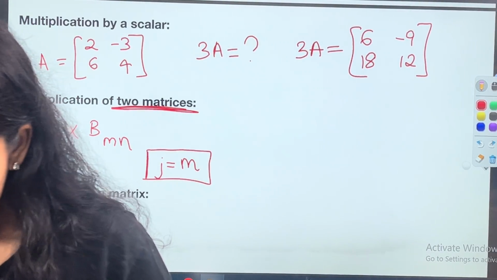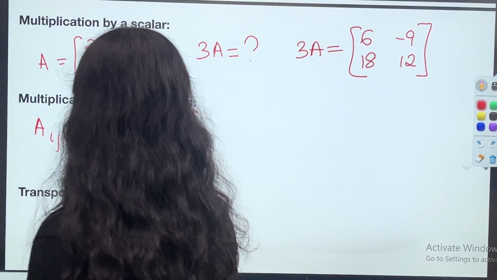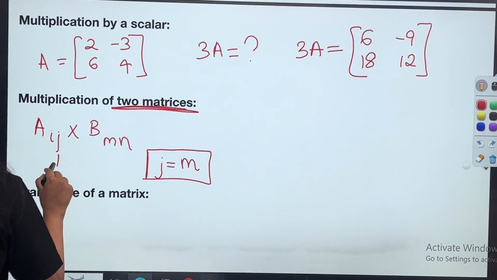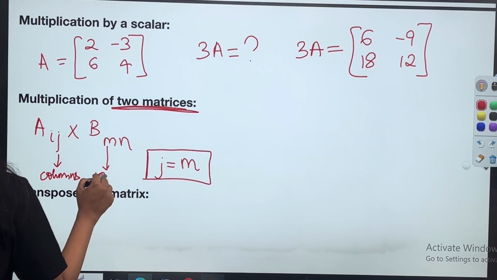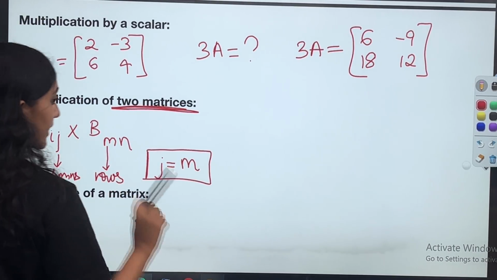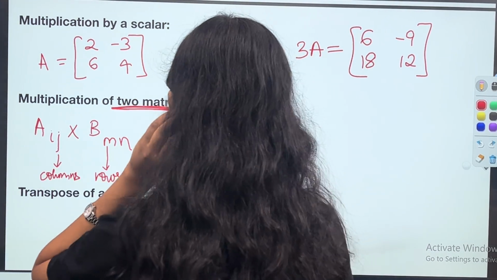Basically, the number of columns in the first matrix should be equal to the number of rows in the second matrix. Please write that down in your notebook whenever you are performing any sort of multiplication.